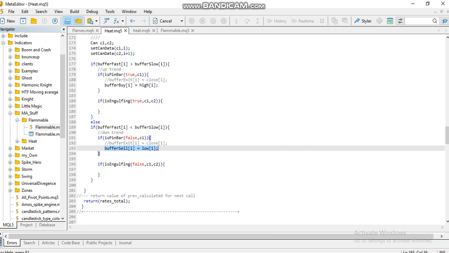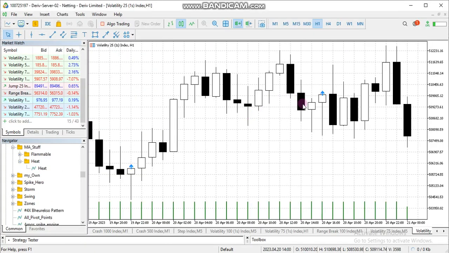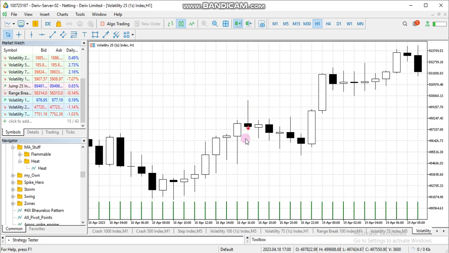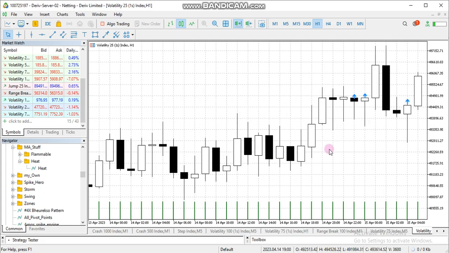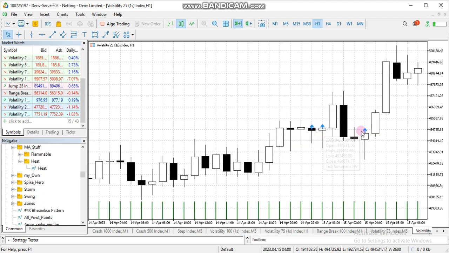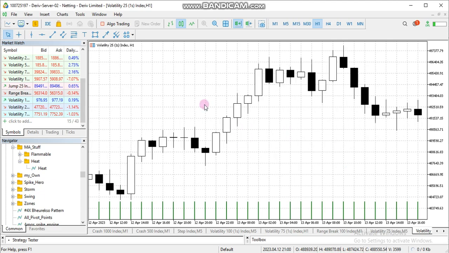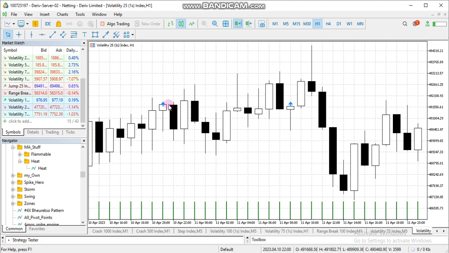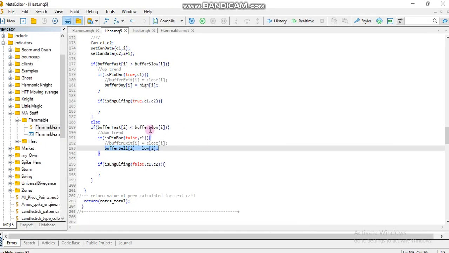So let me compile, and as you can see we're seeing pin bars. This is a bullish pin bar, and this is a bearish pin bar, bullish pin bar, and these are good pin bars, guys. Bullish pin bar, okay, good.